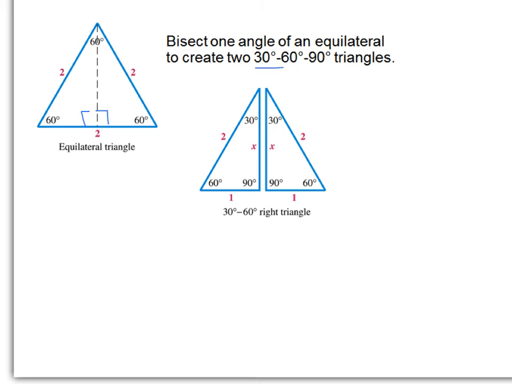This is a 30, 60, 90 triangle. We know that the hypotenuse has a value of 2, the base has a value of 1, and we can use the Pythagorean theorem to find the value of x. So that's 2 squared is equal to 1 squared plus x squared, and we can solve for x.